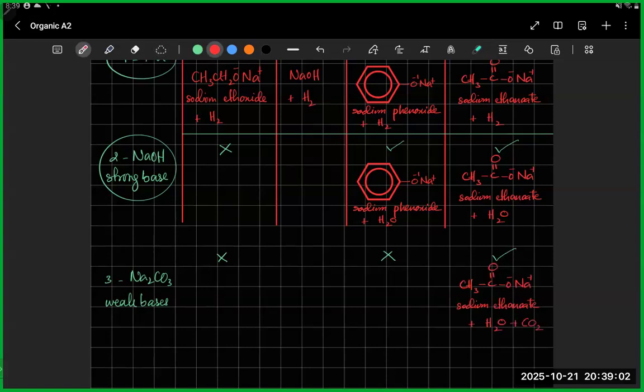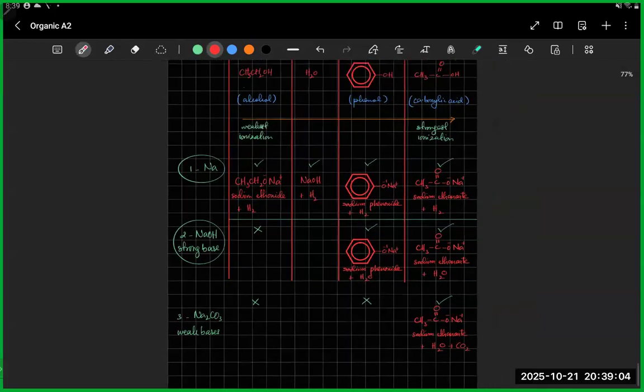So collectively, the point is, we've got four types of things that are behaving as acids. And in those four types of things, the alcohols are the least acidic. They don't undergo most acid reactions. They just react with sodium metal.